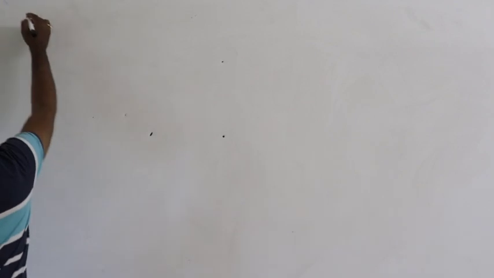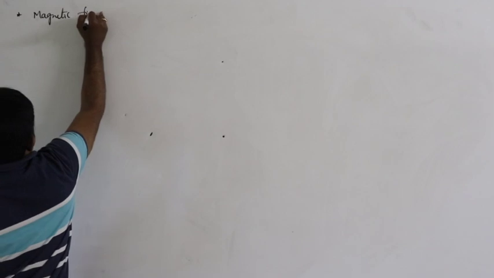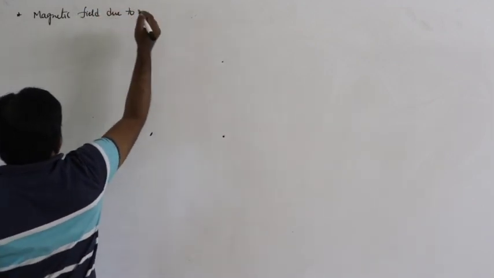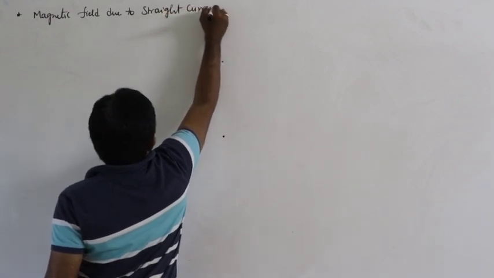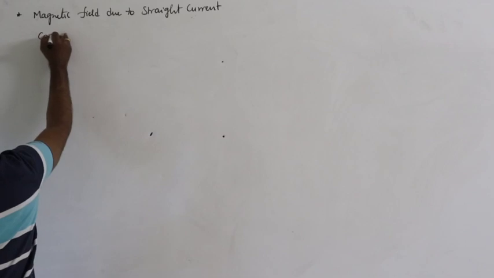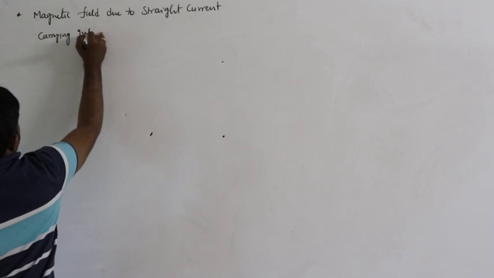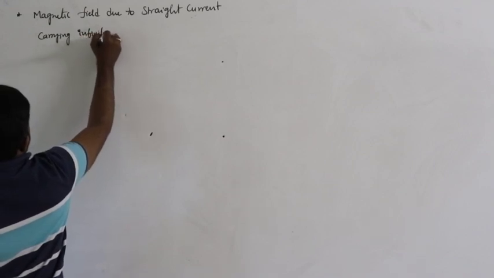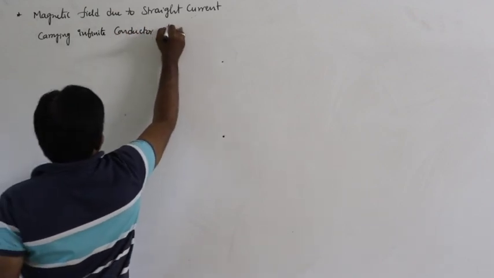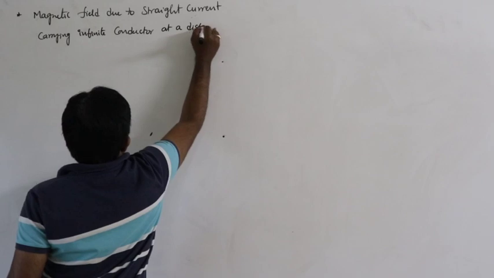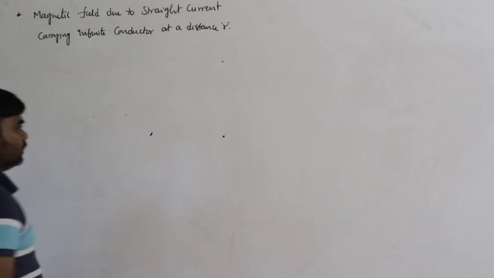Next, magnetic field due to a straight current carrying infinite conductor at a distance r from the conductor.